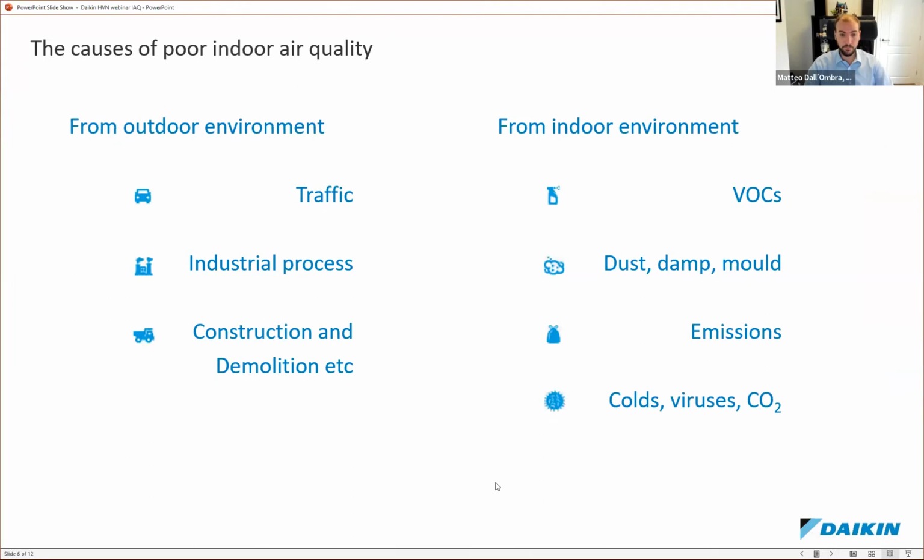As we already saw in the first presentation, whenever we talk about indoor air quality, we cannot just talk about outside or inside. It must be a combination of the outside and the inside, because at the end of the day, if there is poor air outside and you have a ventilation system bringing in fresh air, you are potentially bringing more issues into the building.